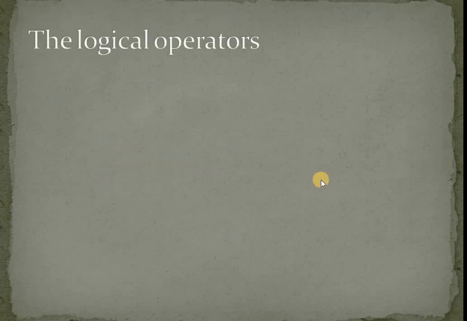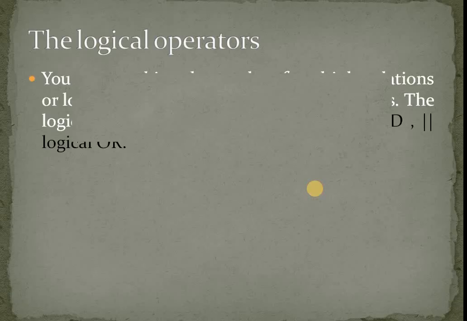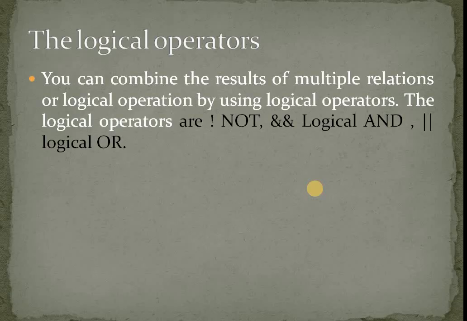Okay. Next we'll move on to the logical operators. You already know these logical operators from electronics or maths or statistics. You can combine the results of multiple relations or logical operations by using logical operators.